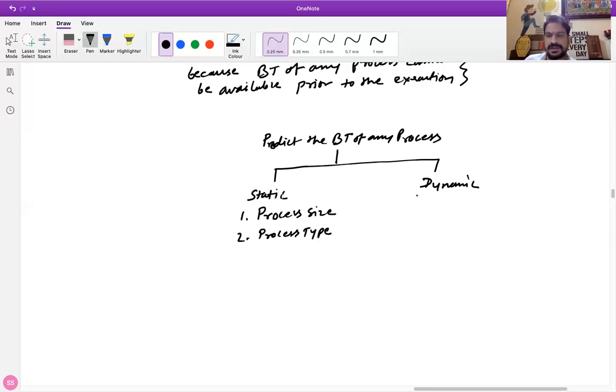Here in the dynamic way of calculating the burst time, the first one is simple averaging, and the second one is exponential averaging.